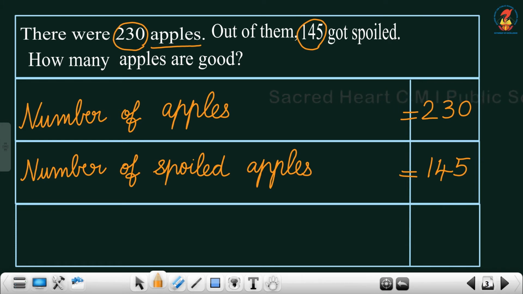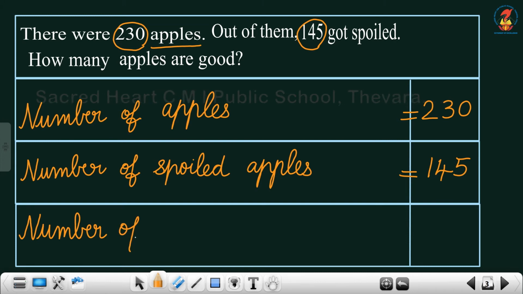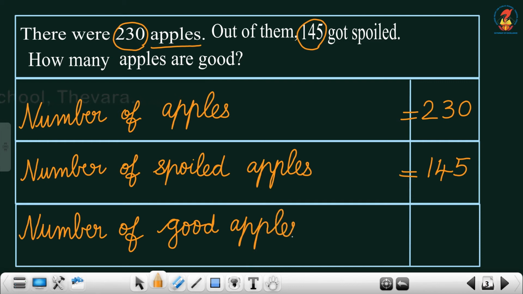So as you know, in subtraction all the three statements will start with the word number of. So here also we are starting the last statement with number of, and as I told, you are asked to find the number of good apples. So number of, what you have to write? Number of good apples. How will you find the answer, children?